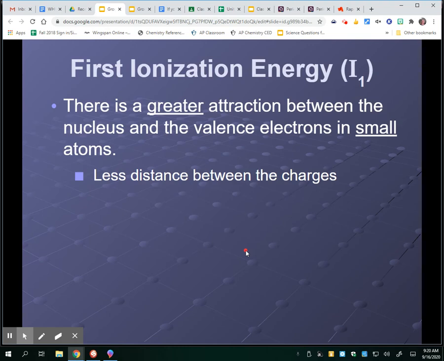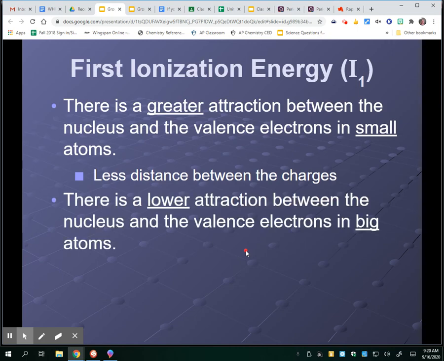The reason the attraction is greater is because there's less distance between those charges in small atoms. There's going to be lower attraction between the nucleus and the valence electrons in big atoms because there's more distance between the charges. If there's lower attraction, there's lower ionization energy. It takes less energy to remove it because it's not as attracted.